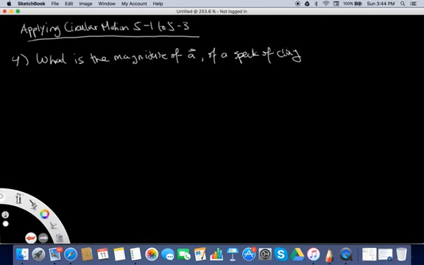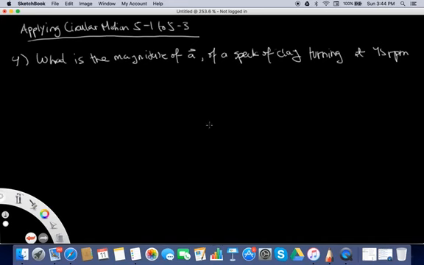Of a speck of clay at the edge of a potter's wheel, turning at 45 revolutions per minute.